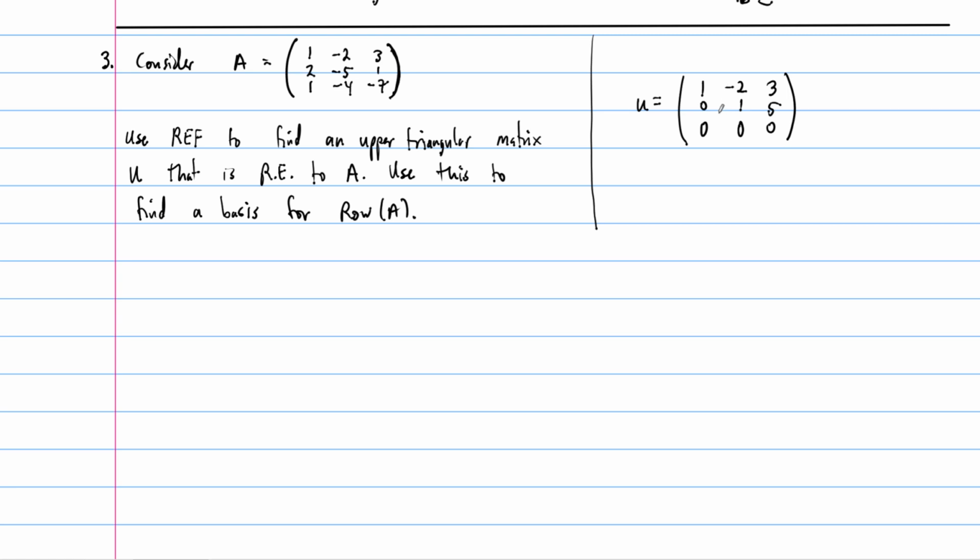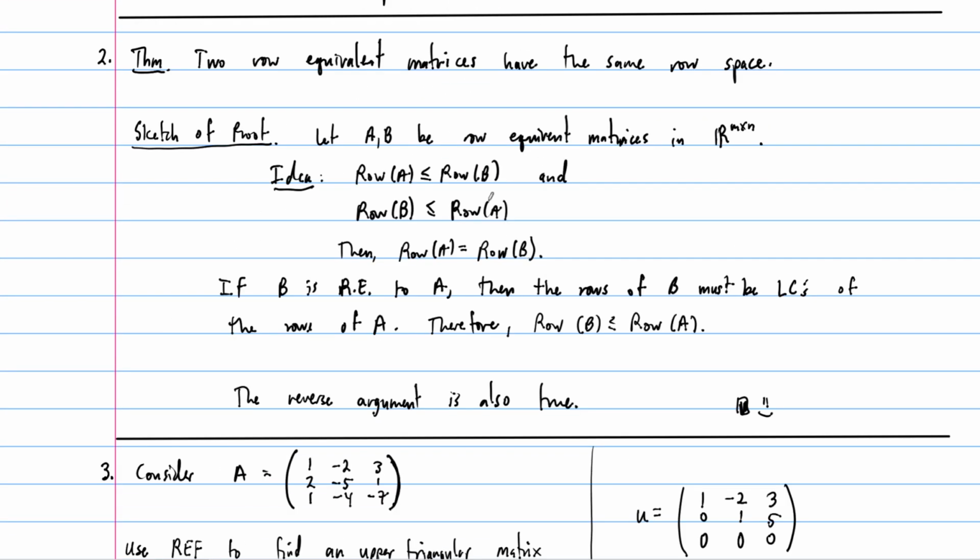This was obtained using only row operations, so the row space of U is the same as the row space of A by our theorem, the theorem from number 2 that we just wrote down.